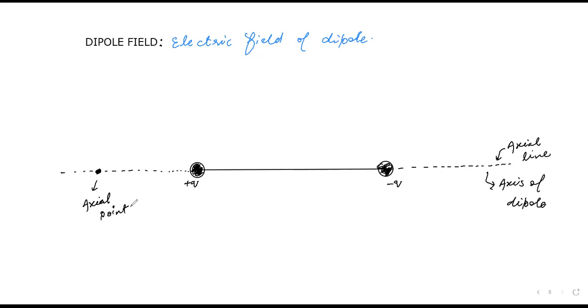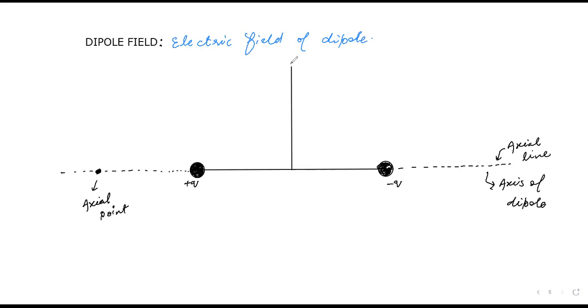The point lying on or along the axis of the dipole is said to be the axial point. Similarly, if you take another point here and join this point to the axis of the dipole, then it will always be perpendicular. Remember that.